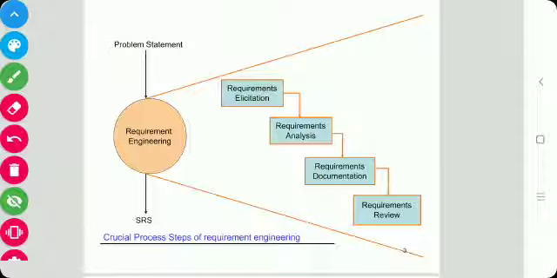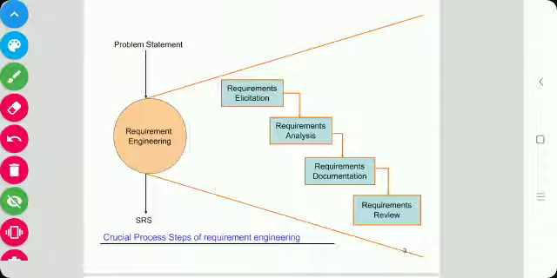Requirement engineering is one of the most crucial activities in the software development process. Without a well written requirement specification, developers do not know what to build, customers do not know what to expect, and there is no way to validate that the built system satisfies the requirements. So requirement engineering is the disciplined application of proven principles, methods, tools and notation to describe the proposed system's intended behavior. Okay, so these are the process steps.